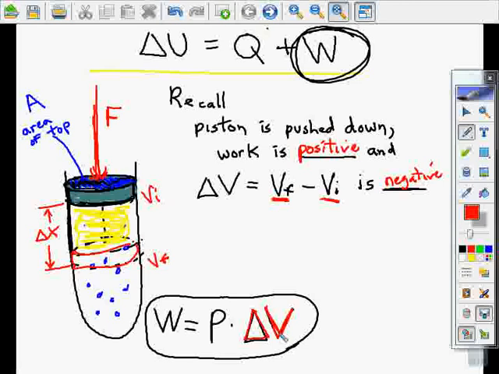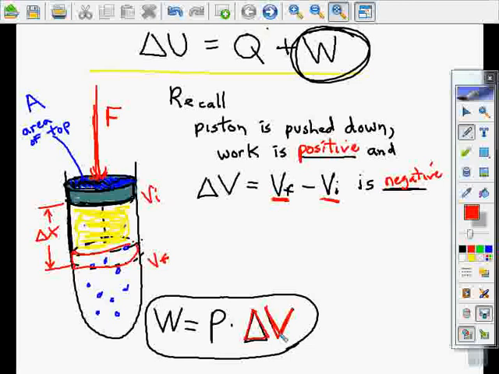But what do we want the work to come out as? If you push the piston down, you want the work to come out positive. So we actually have to tweak the formula so that it works with our plus-minus business.